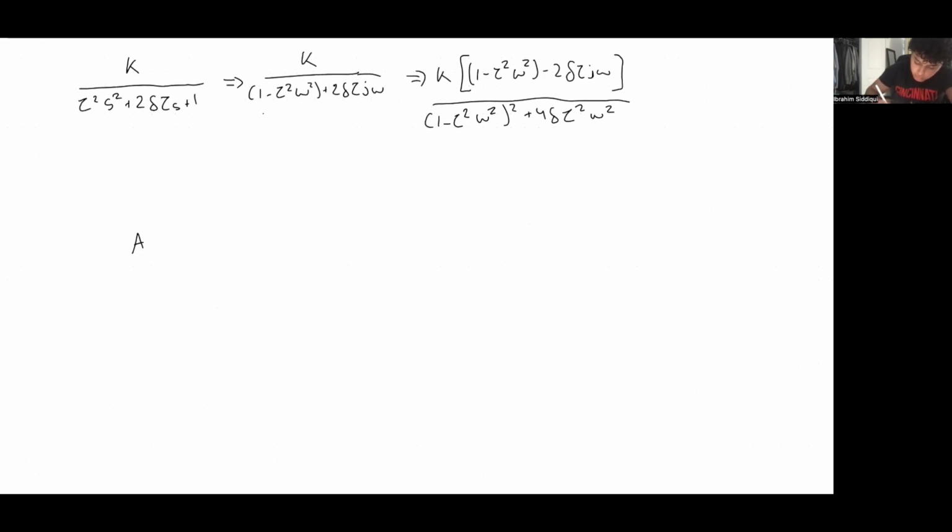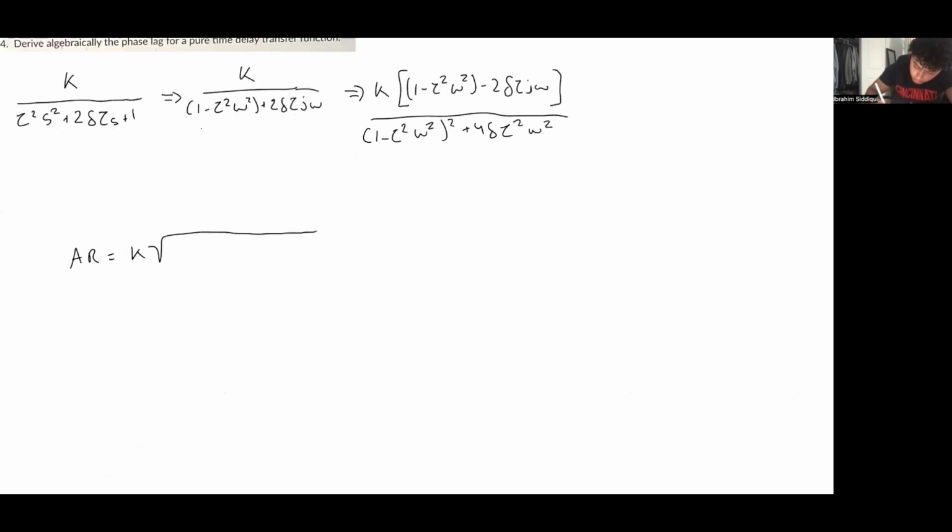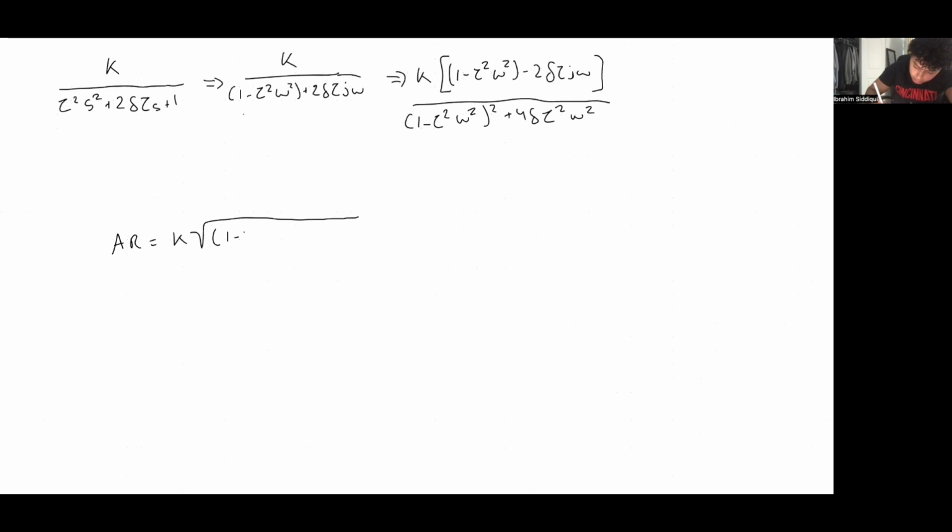Again we're using our square root function here, so it's K, and inside this, the numerator and denominator look essentially the same: 1 minus tau squared omega squared, all squared, plus 4 delta squared tau squared omega squared.